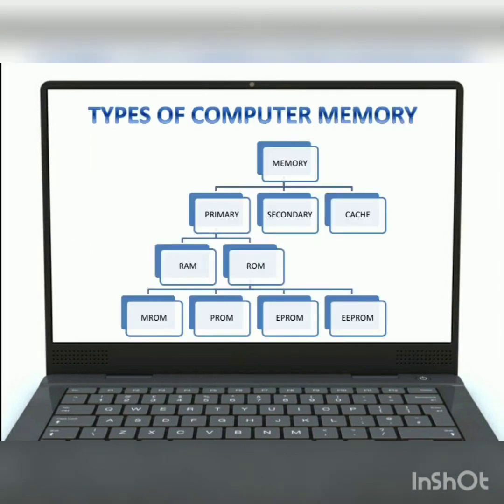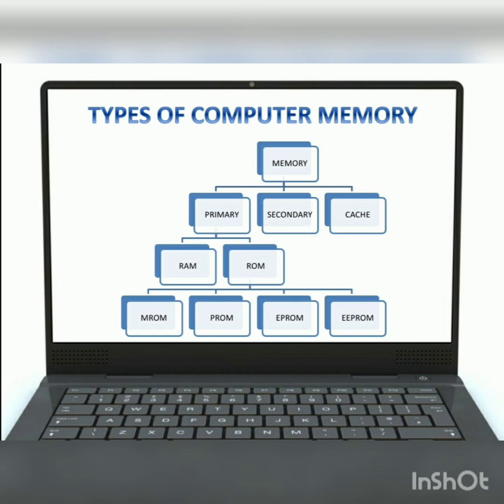Now moving forward towards the various types of computer memory. You are able to see a pictorial diagram of computer memory. You can draw it in your computer notebook so that it will help you remember. So let's get started. How many types of memory are you able to see? Three.